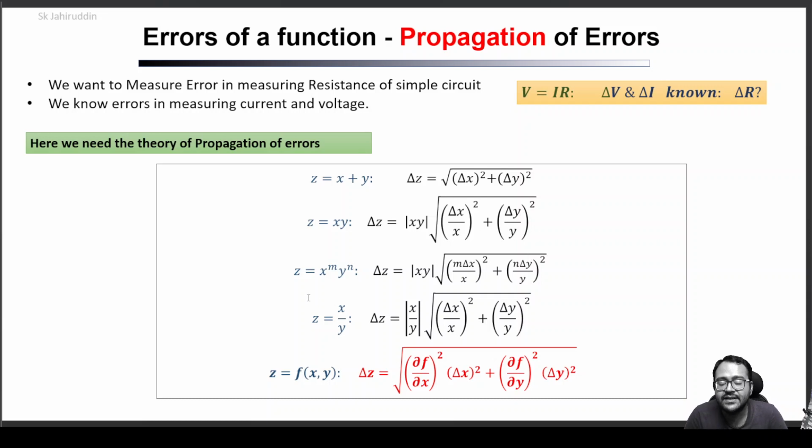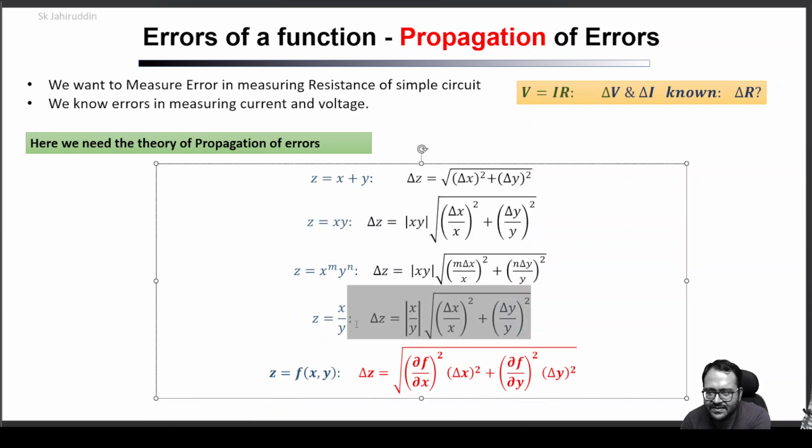If z is x to the power m and y to the power n, delta z is the modulus of x^m y^n times the square root of (m delta x by x) squared plus (n delta y by y) squared. That's important. And it is x by y. This and this remain the same. This is just x by y. It is just xy.